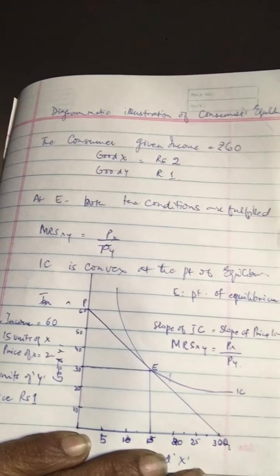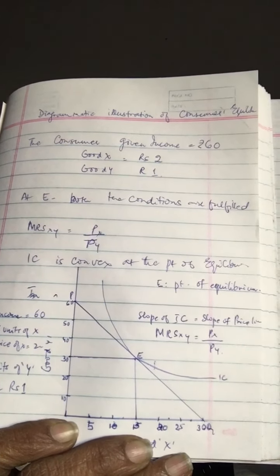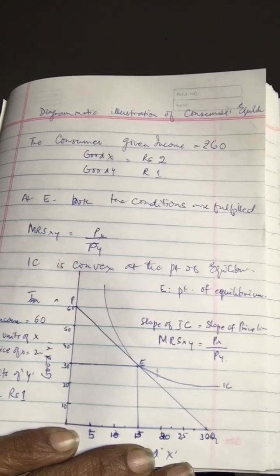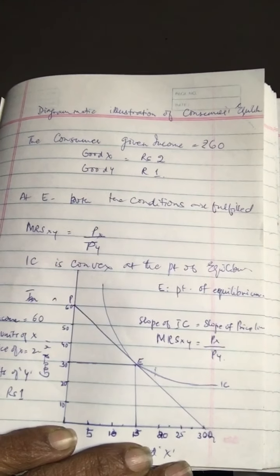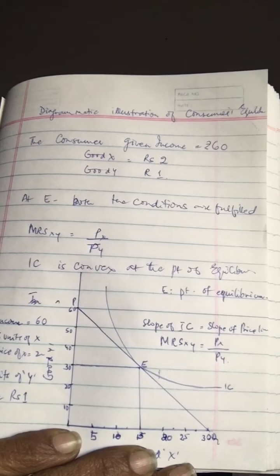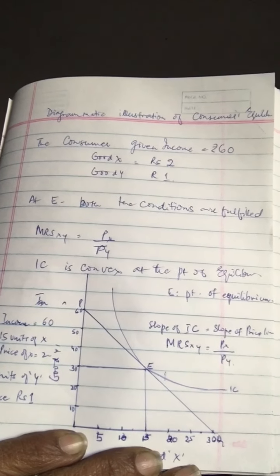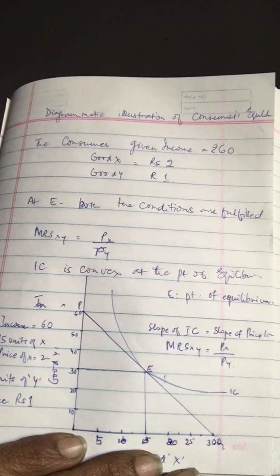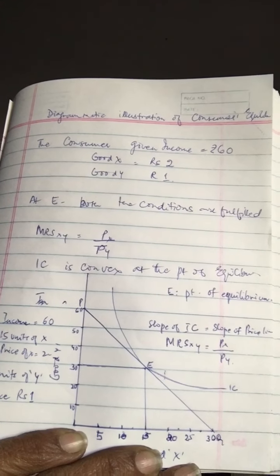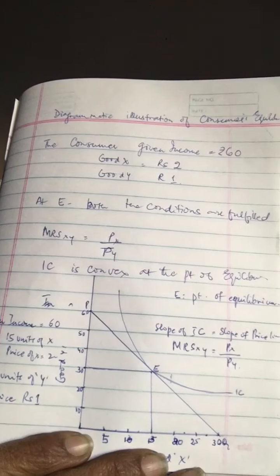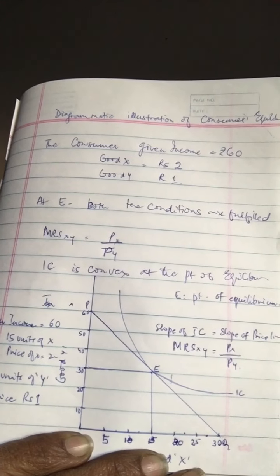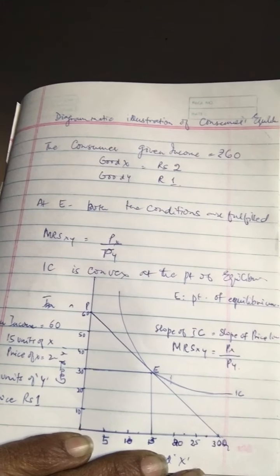That means where the indifference curve is tangent to the budget line, that is the point of equilibrium. The rate at which the consumer is willing to substitute X for Y, given his taste and preference, coincides with the rate at which the market allows the consumer to substitute X for Y, given his income and prices of goods X and Y.